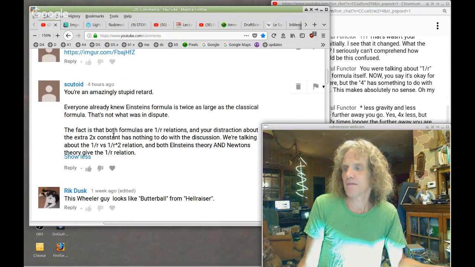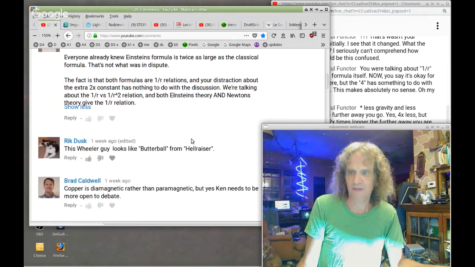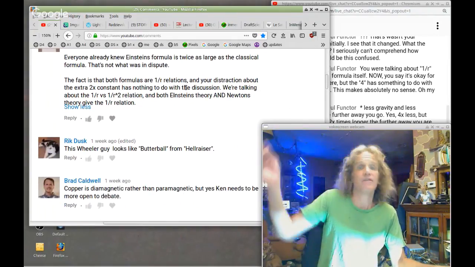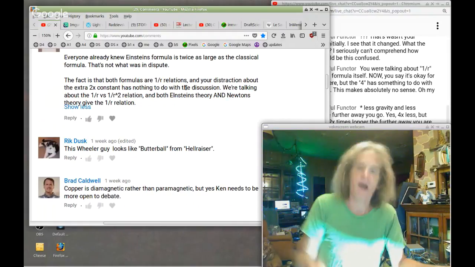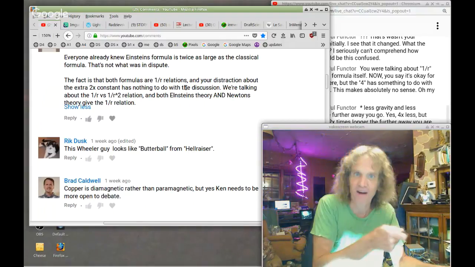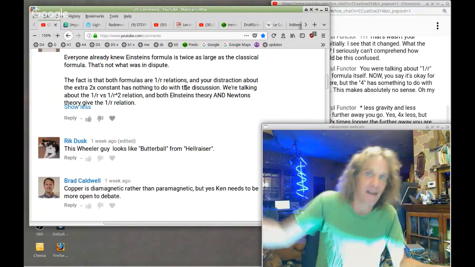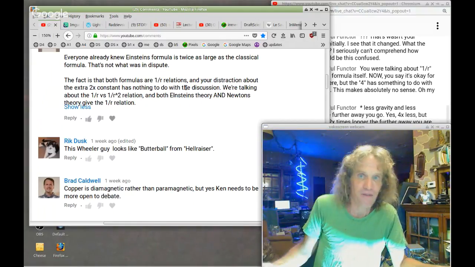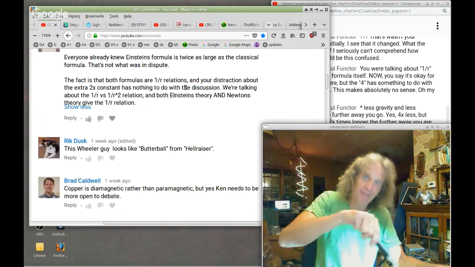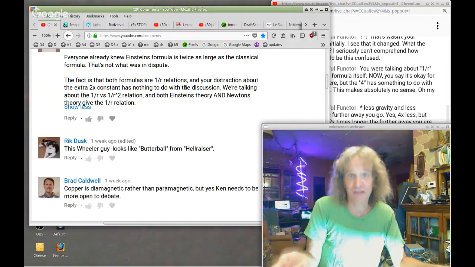All right. The fact is that both formulas are 1/r relations. It doesn't matter if they're 1/r relations when you have the difference between a 4 and a 2. Obviously, they've put the square part in the doubling of the other part of the fraction. So if you double the amount in one portion and halve the amount in the other portion, it's essentially halving.